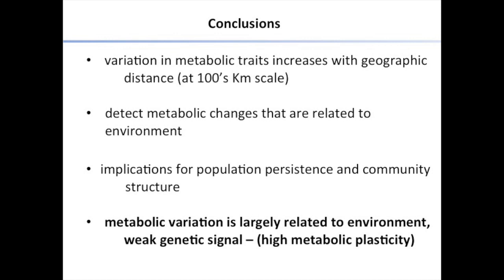Some of these changes are related to the environment, like we've seen with cold and herbivory. And of course, there are implications for population persistence and community structure. And the other major conclusion really is that this metabolic variation is largely related to the environment that we see, and less so to the genetic background of the plant.